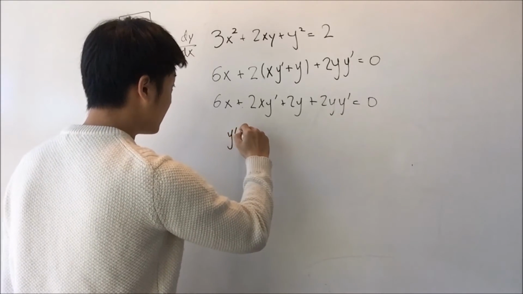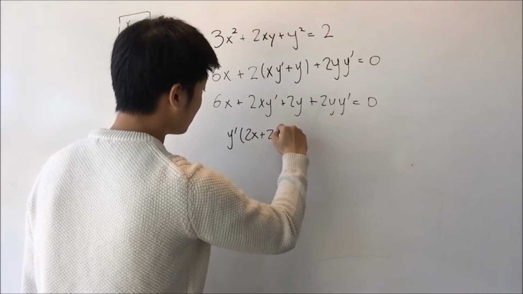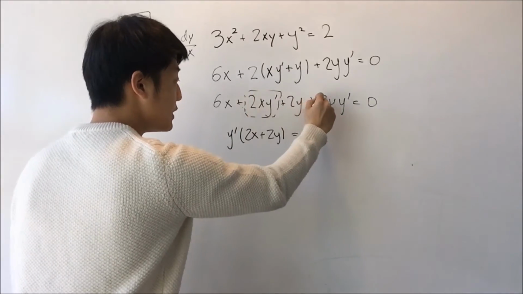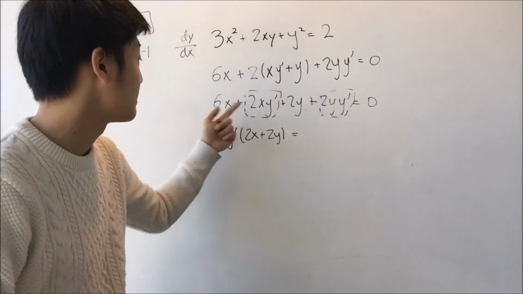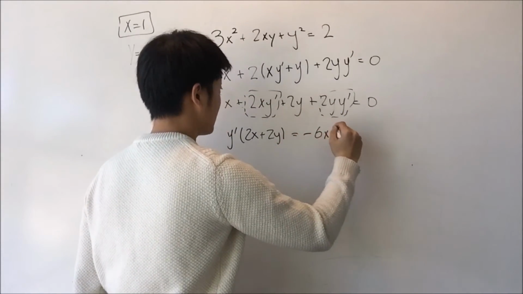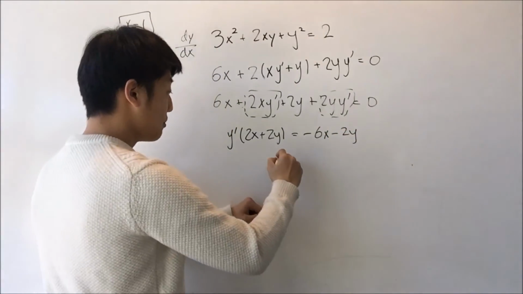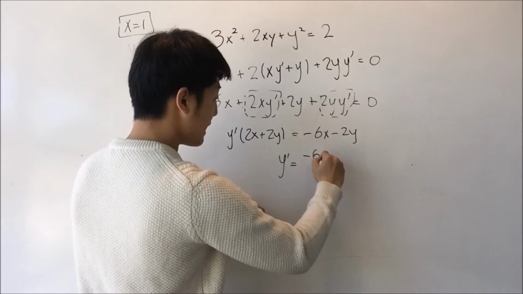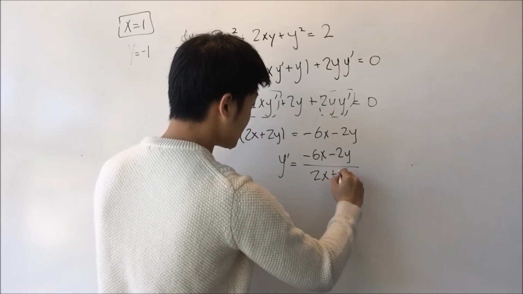So y prime times 2x plus 2y equals, now we use this term and this term to factor it out, and 6x plus 2y has been left, so let's move this to the right side, which will become negative 6x minus 2y. To make it y prime equal to negative 6x minus 2y over 2x plus 2y.